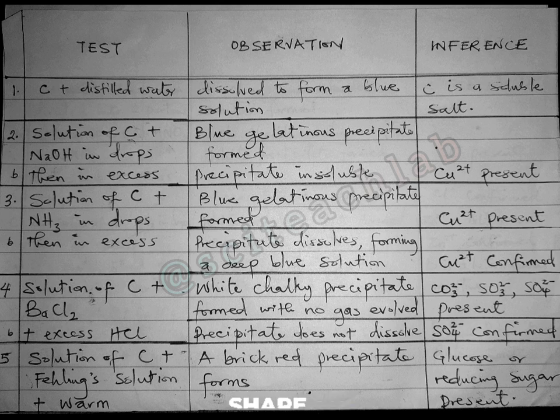It's like you grind chalk and put it inside water. Whether you shake it 100 times, it won't dissolve. It will still be suspended. If you allow it to stand, it will settle to the bottom. So that's how you will see that. That's what you will observe when you add barium chloride to that C solution.